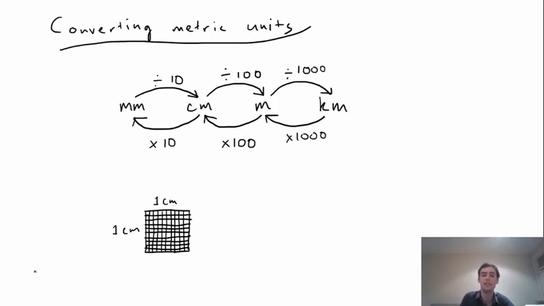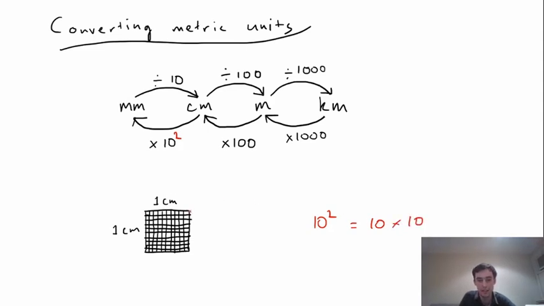The reason for that is, if you're multiplying the length by 10, this multiplies by 10, but also this multiplies by 10. So you're multiplying by 10 twice, which is basically multiplying by 10 squared, or 10 to the power of 2. Remember, 10 to the power of 2 is 10 times 10.